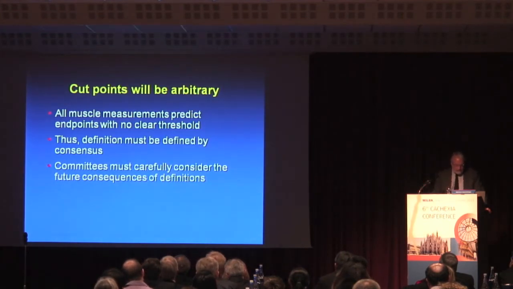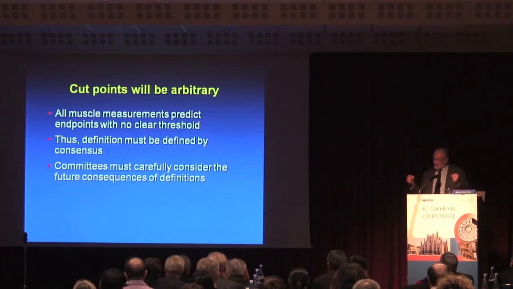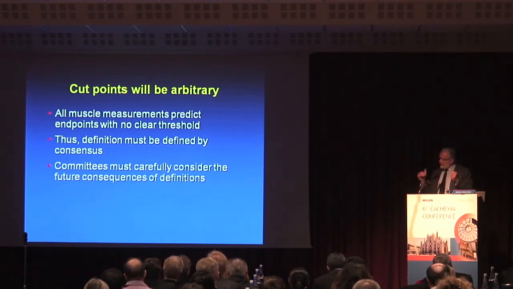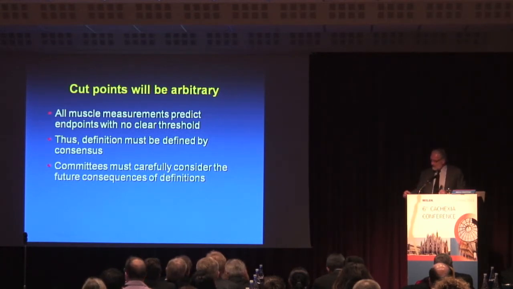And in that situation, the definition will have to be defined by consensus of the committee. The committees struggle and struggle and struggle over this, but ultimately, as you saw with osteopenia, there is no point in struggling to the death because there is no right answer. There just has to be final consensus when somebody stands up and says, this is it.